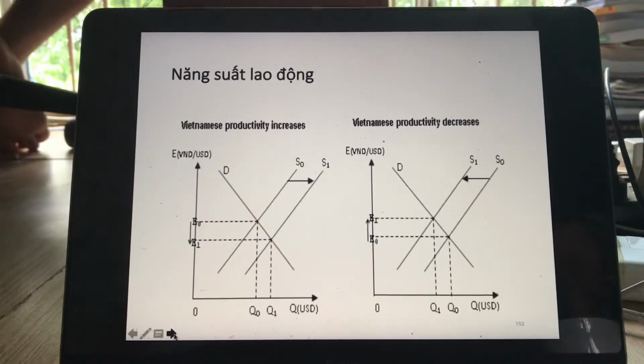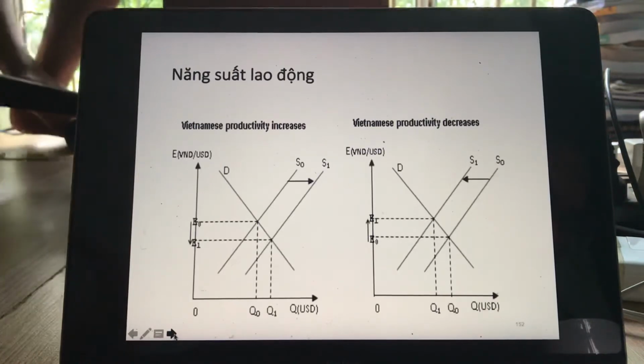That's one mechanism. What other mechanism can we use to explain? Think about whether we have another mechanism to explain why an increase in productivity raises our export.